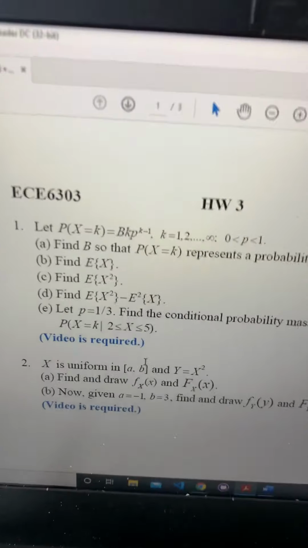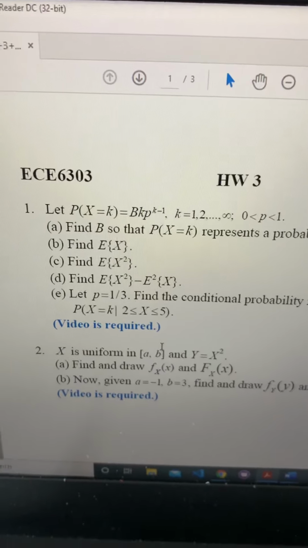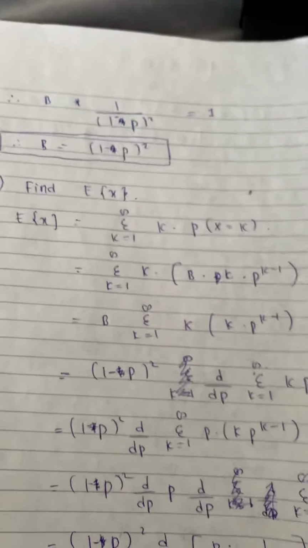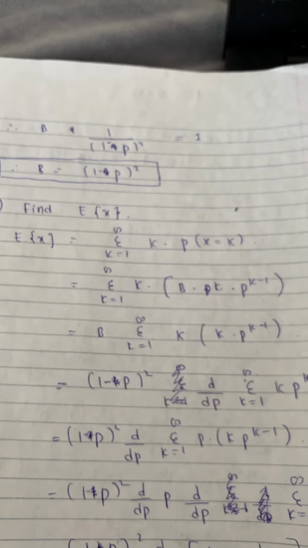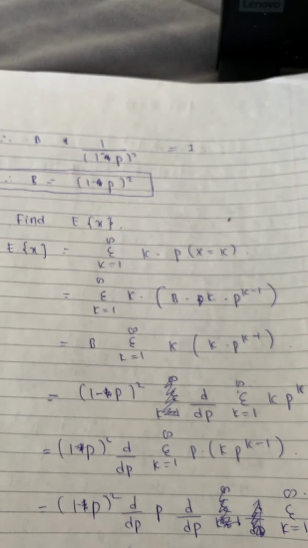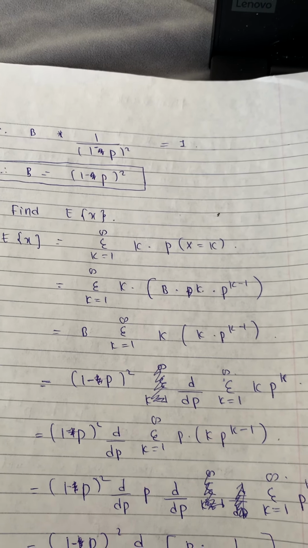Now for the second part, we have to find the expected value of x. So to find E of x, we know that E of x equals the summation of k equal to 1 to infinity of k into the probability of x equal to k.